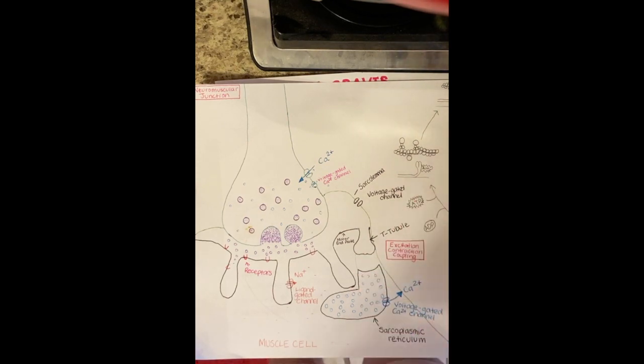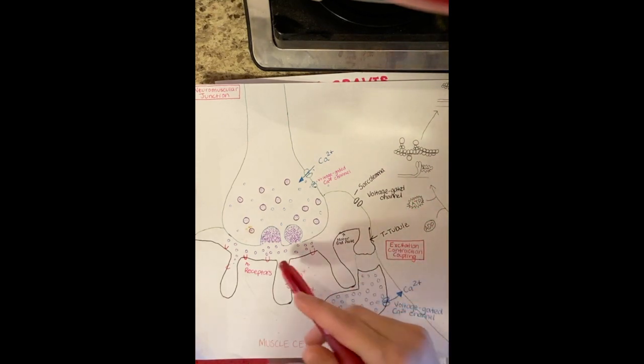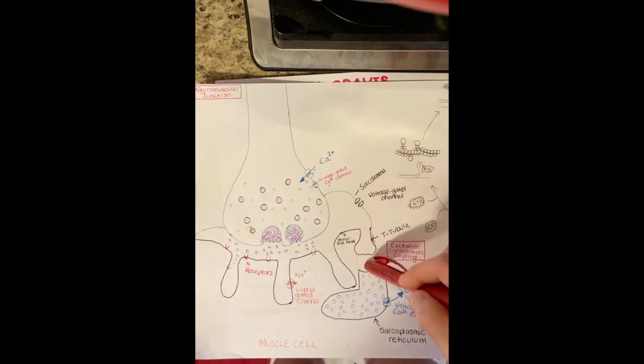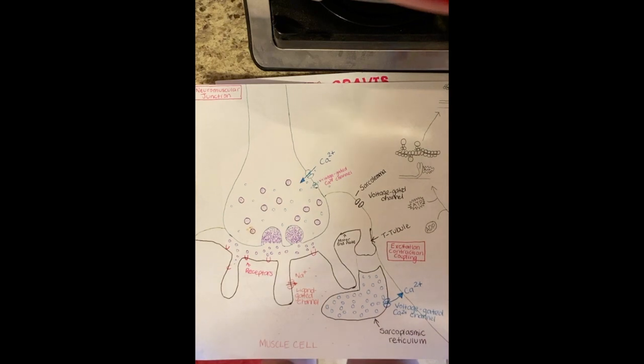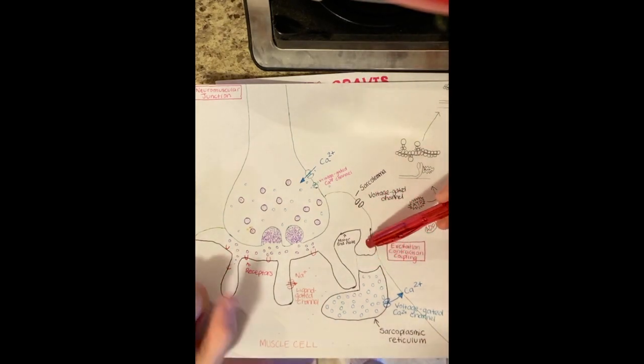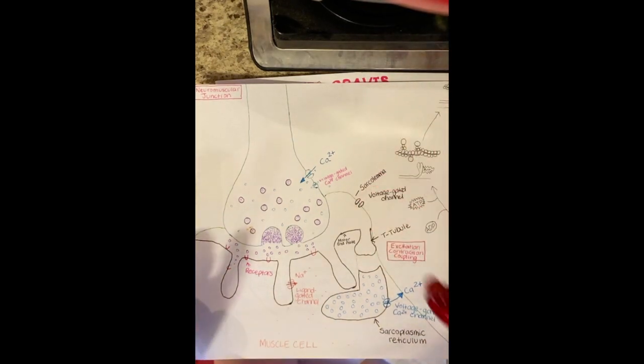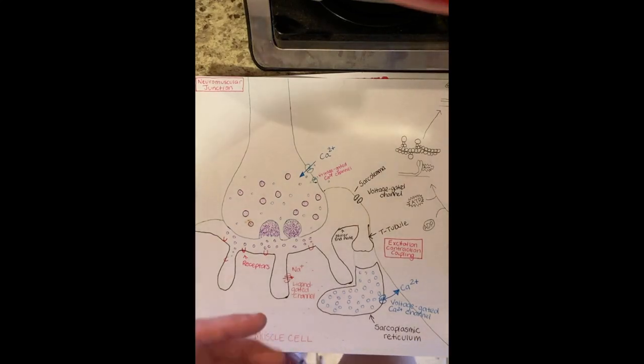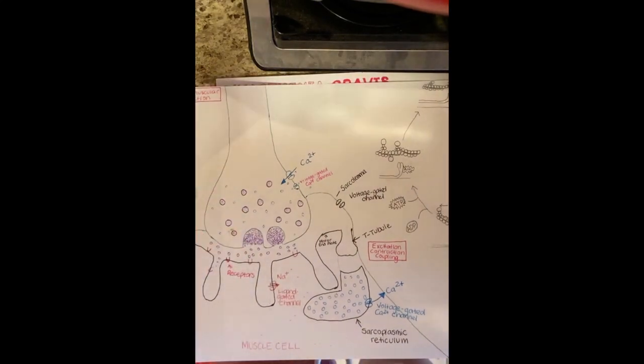it opens, and that basically has the action potential travel along the sarcolemma, down the T-tubule, all the way to the sarcoplasmic reticulum. The T-tubule is important. You don't want it to go outside the cell because it allows for the calcium to be released from the sarcoplasmic reticulum. If you didn't have the calcium release, this whole muscle contraction thing wouldn't really work.